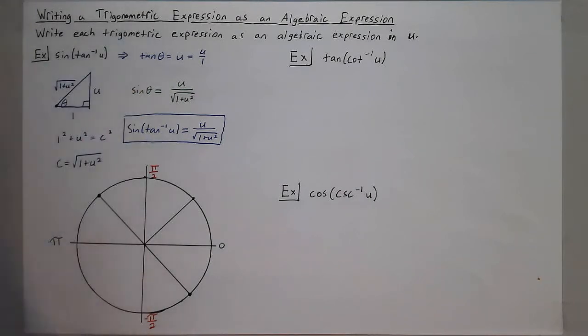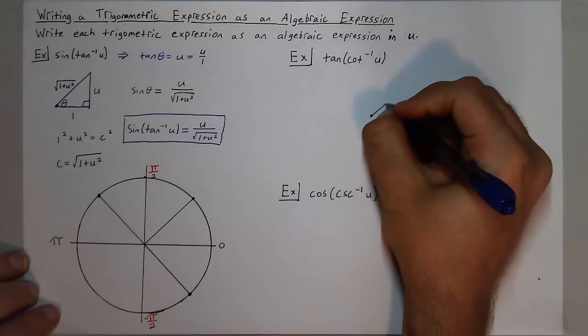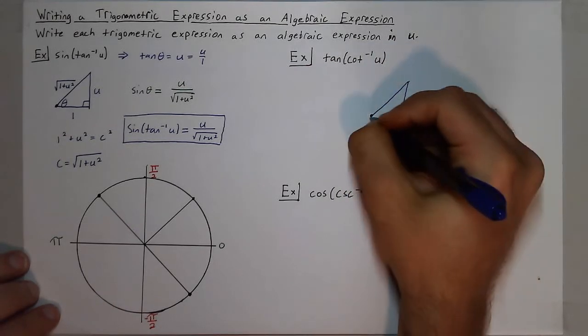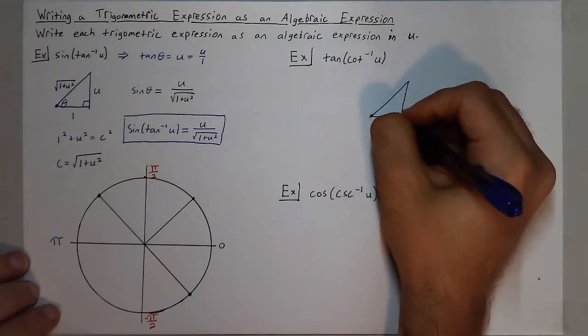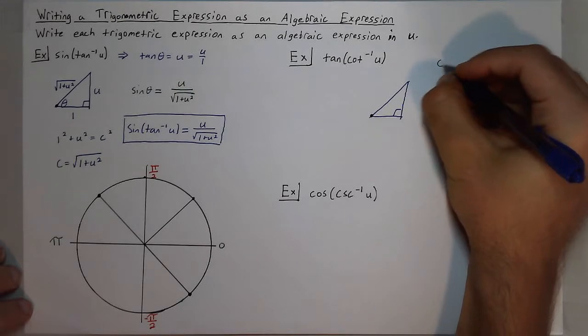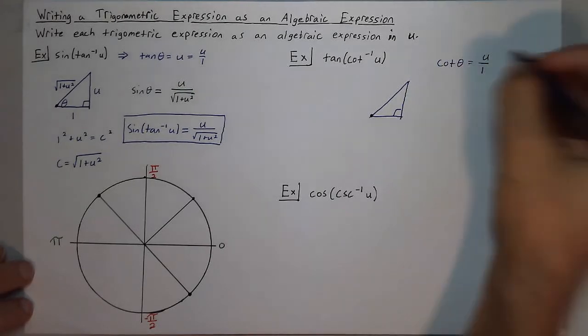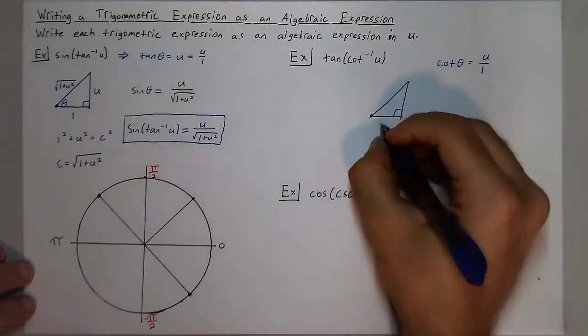So as I go through this, I'm going to draw my triangle. Again, cotangent of theta would be equal to u. You can also say u over 1, which would be adjacent over opposite, the reciprocal of tangent.